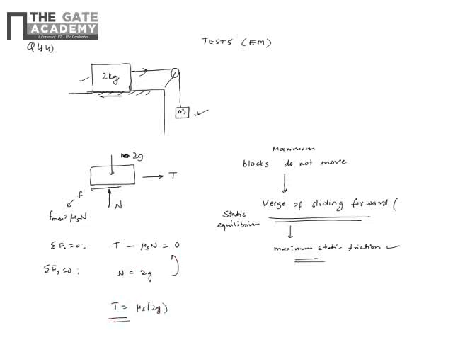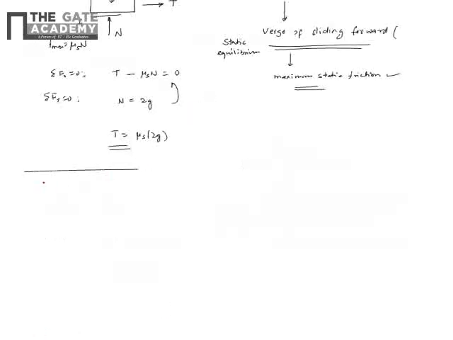Okay, now this tension, if you come to the block for small m, the only forces acting on it are mg on the small hanging block and the tension. As it is in equilibrium, T has to be mg.